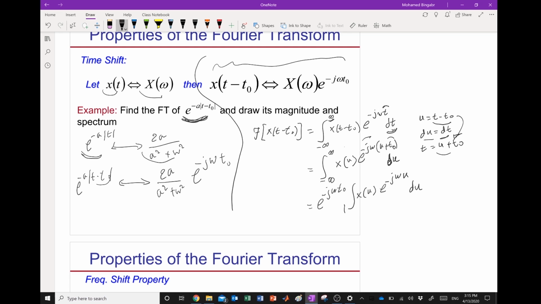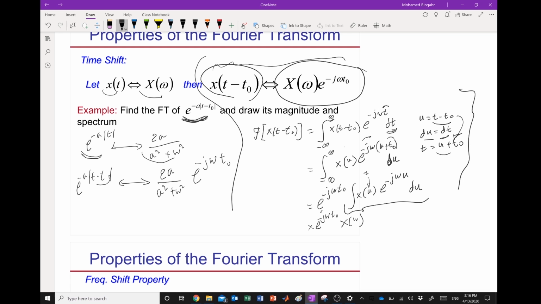When you look at this one, that's the Fourier transform of the function x. It doesn't matter if it's u or t or tau or v, that's a dummy variable. So this is exactly e to the minus j omega t0 times X of omega. So when you shift the signal in the time domain, it's a phase shift in the frequency domain. And that's the proof.